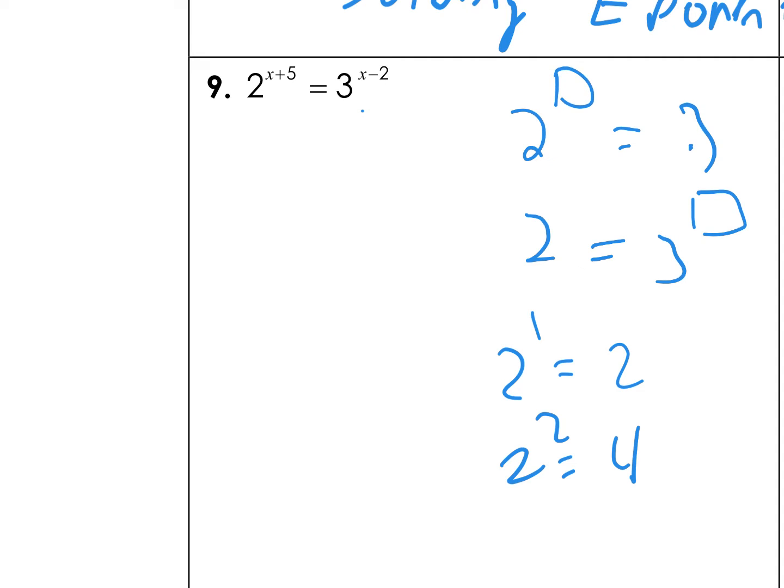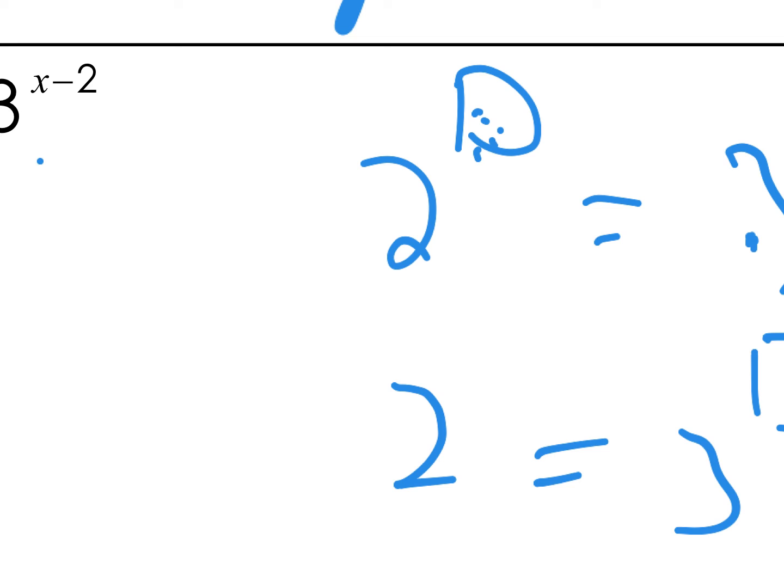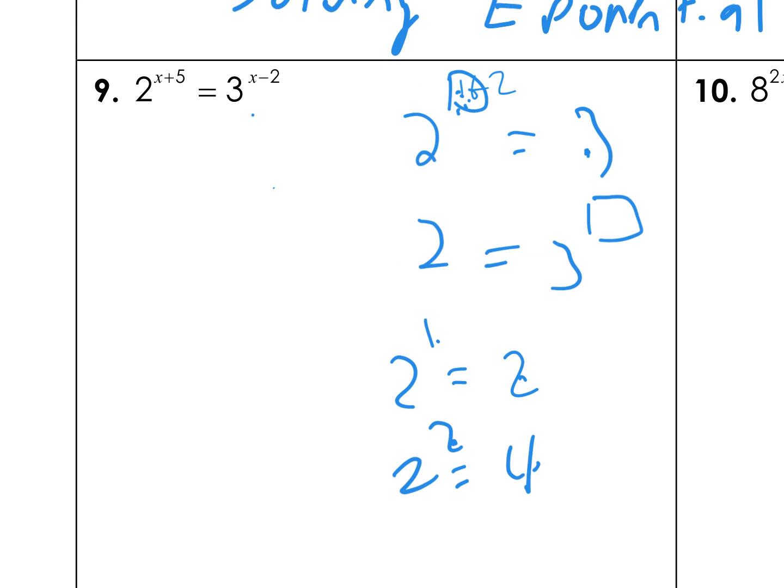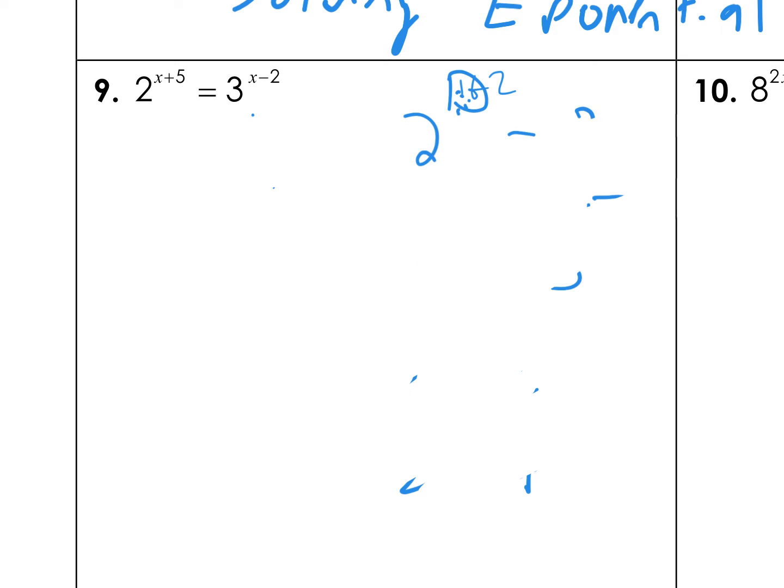The 3 is in between the 2 and the 4. So the answer probably is around 1 and 2. Well, we don't play that game, okay? We're not even going to try to figure out what it is, because the goal of this problem is to actually solve that equation.